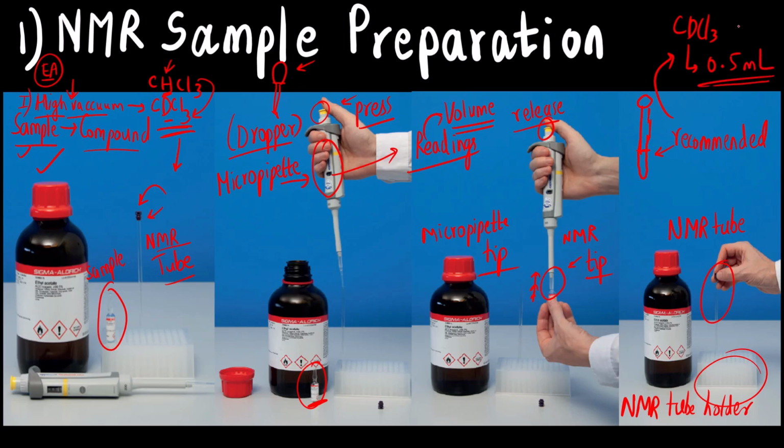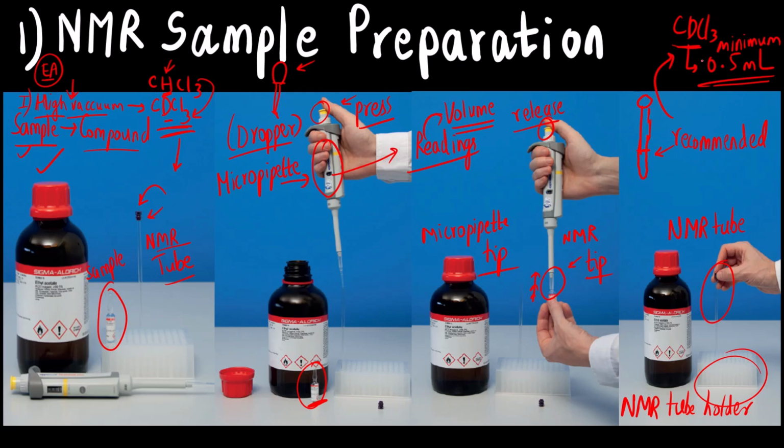If it is slightly more than that, that will be a loss of your CDCl3 or the deuterated solvent. The deuterated solvents are comparatively costly as compared to the normal solvent. So the minimum amount should be 0.5 ml. It should not be less than that. 0.5 ml is more than enough.